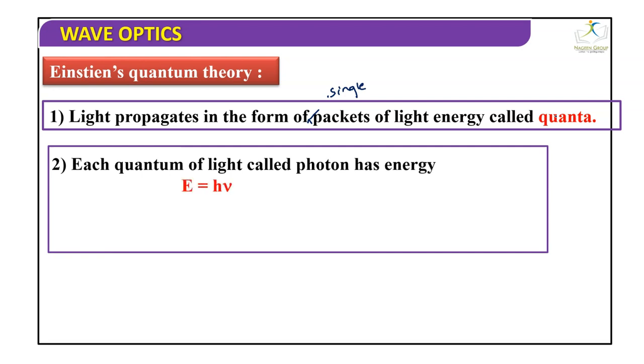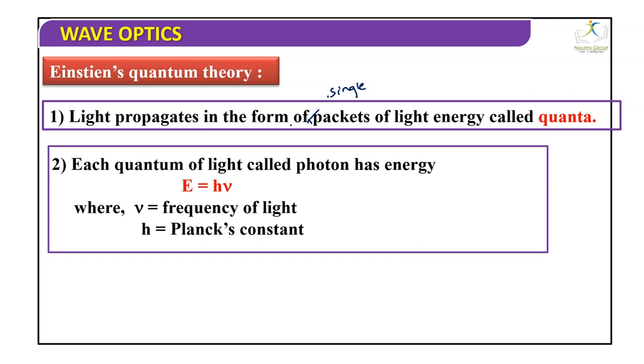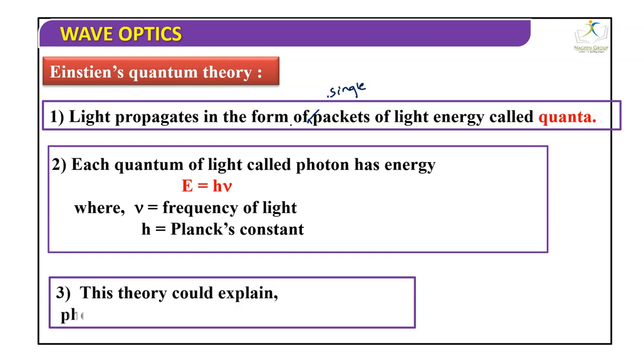Each quantum of light, called a photon, has energy E equals h nu, where nu is the frequency of light and h is the Planck constant.